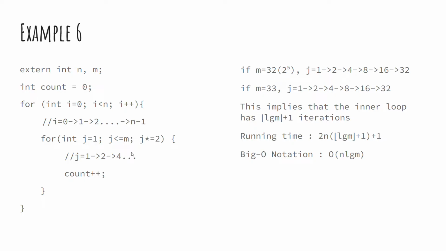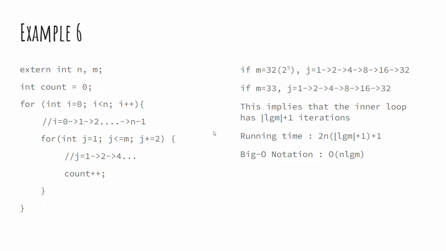If we check for m equal to 32, we'll see that this inner for loop iterates 6 times. So j equals 1, and then 2, 4, 8, 16, and then 32. And when m equals 33, it again iterates 6 times: 1, 2, 4, 8, 16, and finally 32.